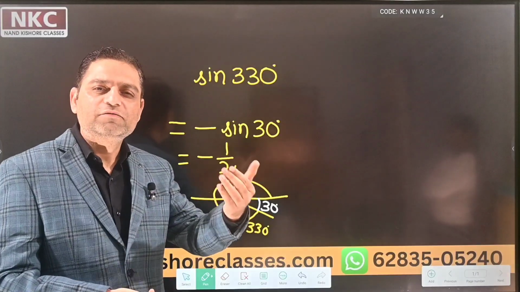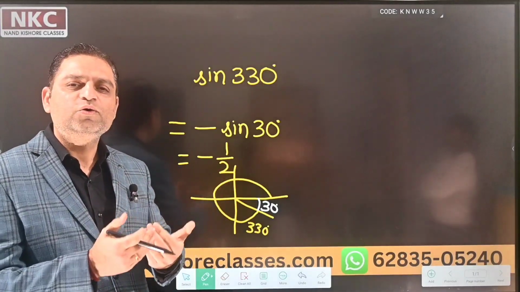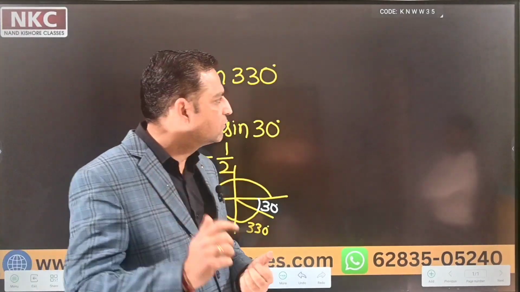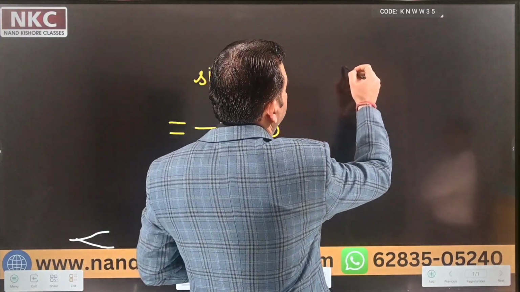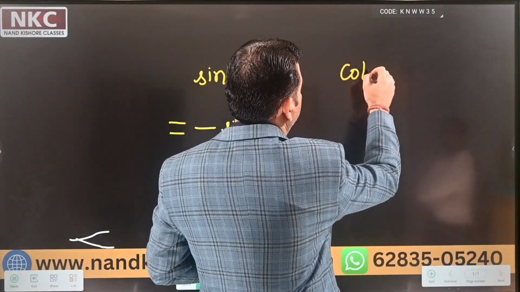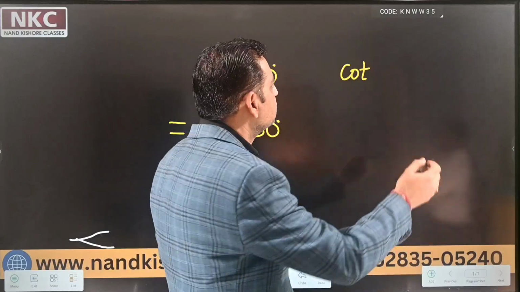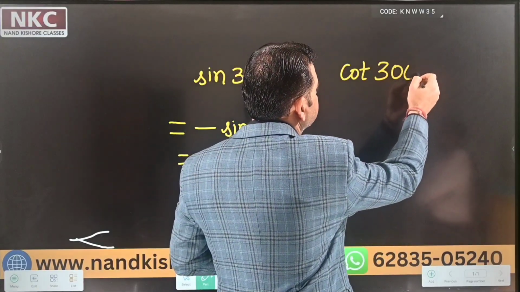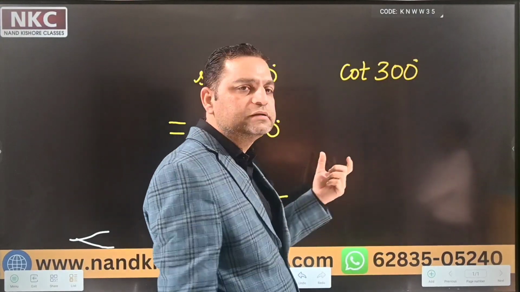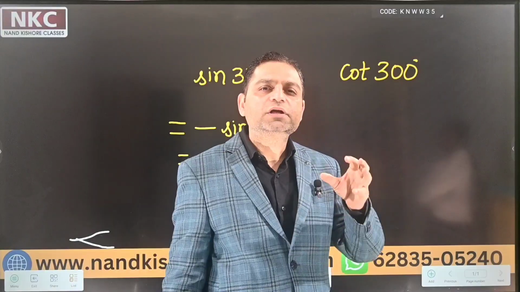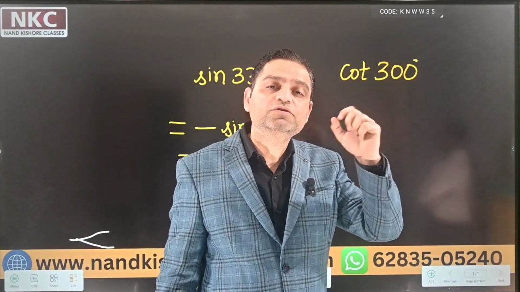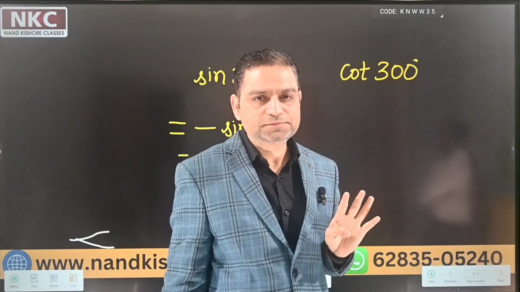As of now, I am covering all the angles of sine, cos and tangent, right? I'm going to cover one question where, let's suppose, we want to find cotangent of 300 degree. Now, 300 comes in which quadrant? It also comes in the fourth quadrant.